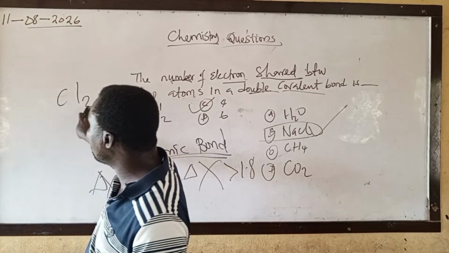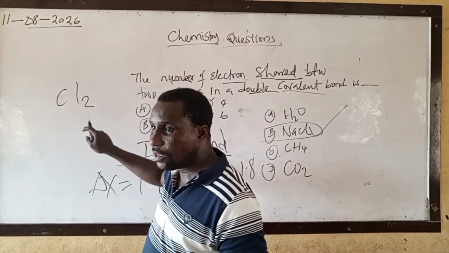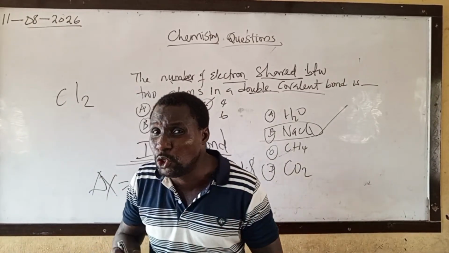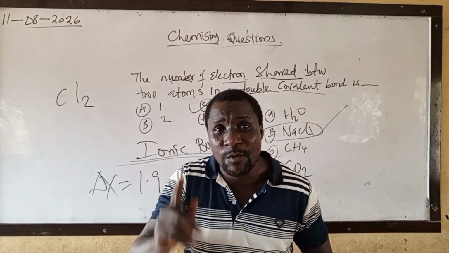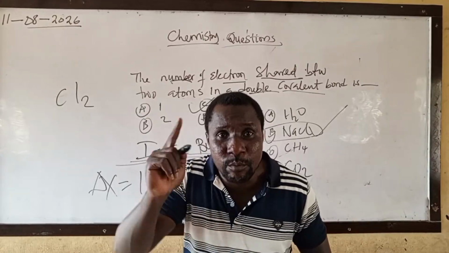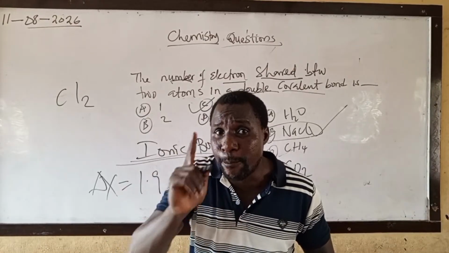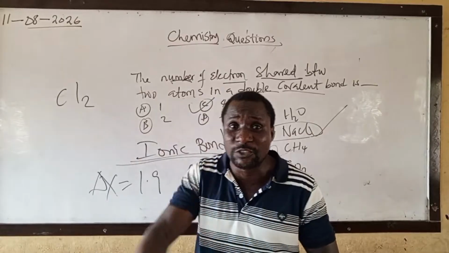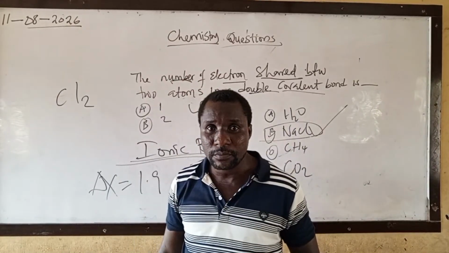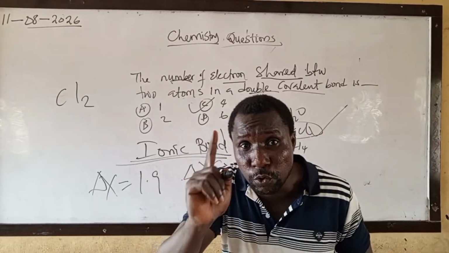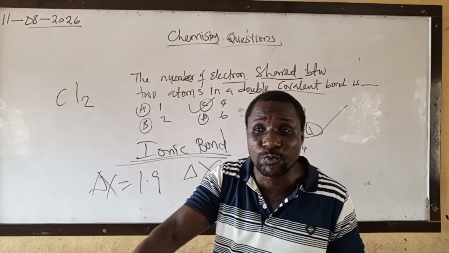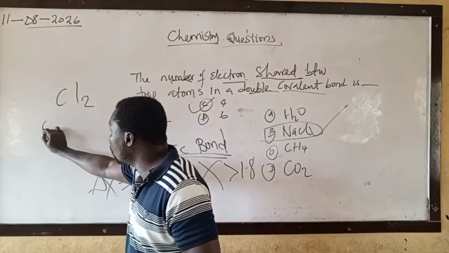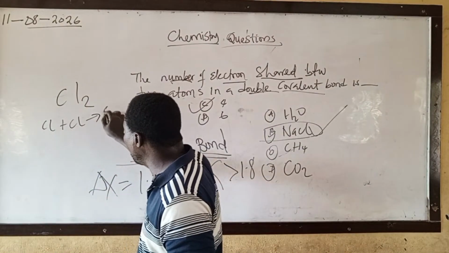The answer is covalent bond. I told you that yesterday. Whenever you see molecules of gases, the bond that occurs in molecules of gases is covalent bond. That is chlorine combining with chlorine to form chlorine gas.